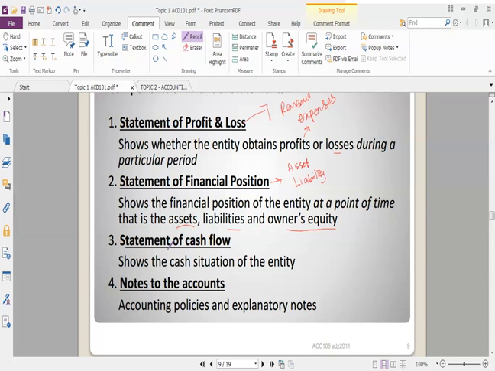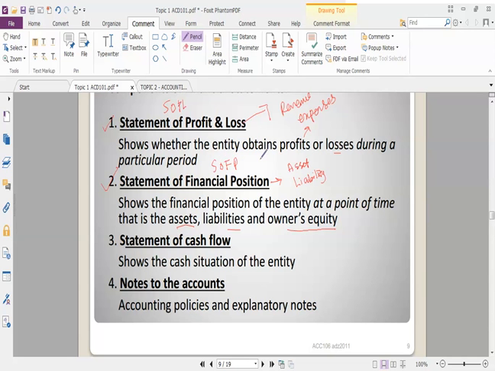We also have the statement of cash flow, but for this subject, Principles of Accounting, we will focus more on the SOPL, the short term for statement of profit and loss, and the statement of financial position is SOFP.